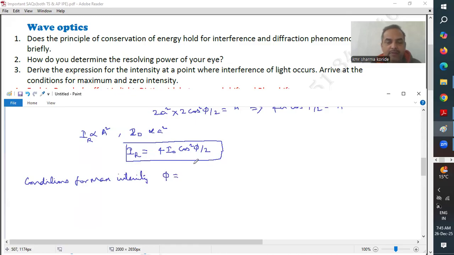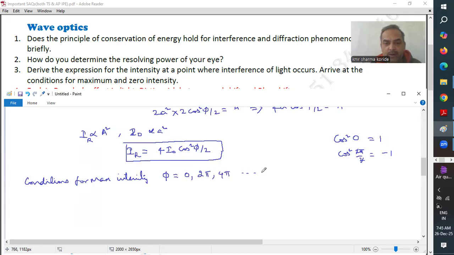If you assume phi equal to 0 first, then cos squared 0 will be 1. If you assume 2 pi, then cos squared of 2 pi by 2, so cos 180 is minus 1, but because of squaring it again becomes positive.